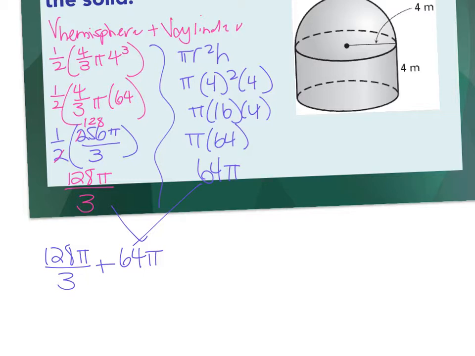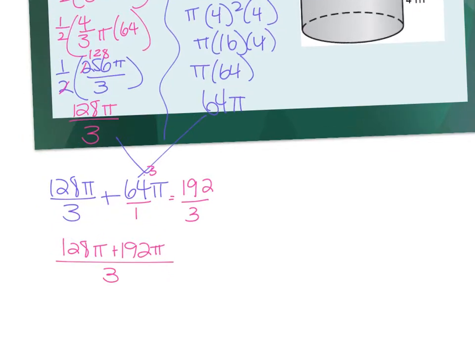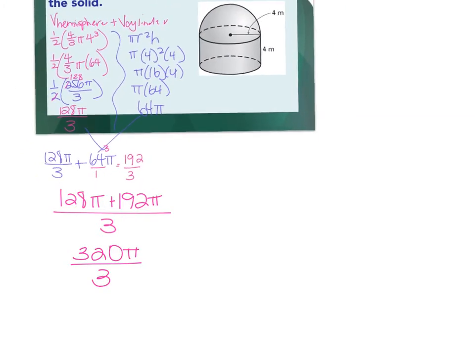I just have to find the least common denominator. If this is over 1 and I want to get it over 3, I'd have to multiply this by 3. And I'd get 128 pi plus 192 pi over 3. What was the unit on this? Meters.